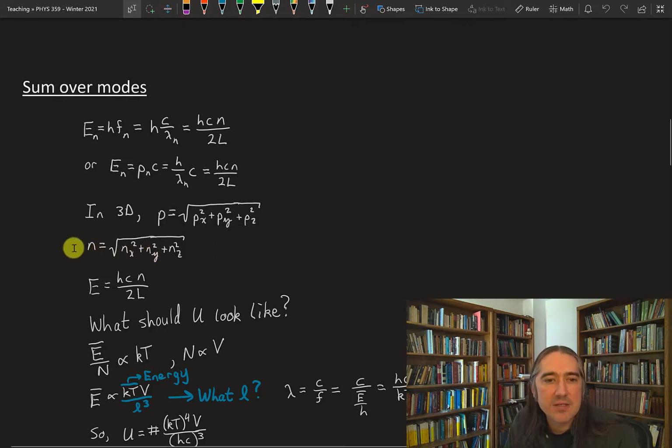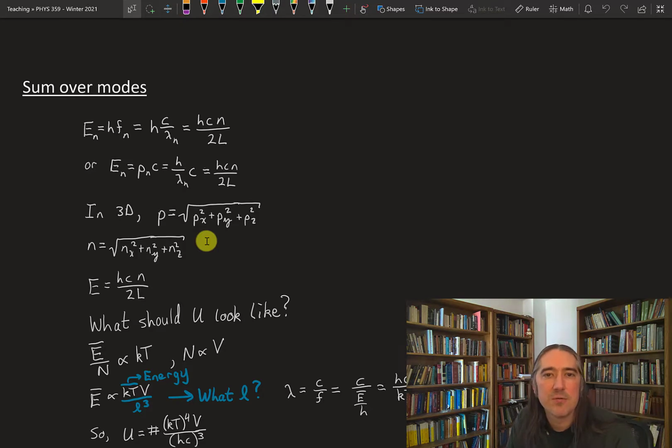And because the relevant quantity is the length of that n vector, when we want to describe this, we're going to go to spherical coordinates again. I think a number of you had a tough time thinking about the coordinate system for a 2D harmonic oscillator because it wasn't one of your standard spherical, polar, cylindrical coordinates. It was in fact just a rotated Cartesian coordinate system.